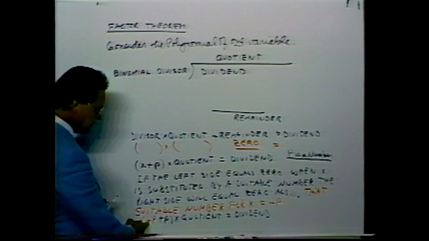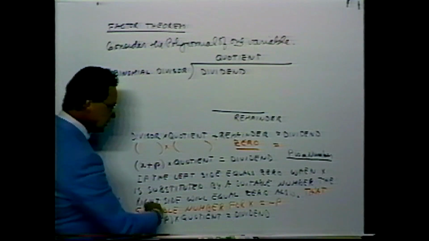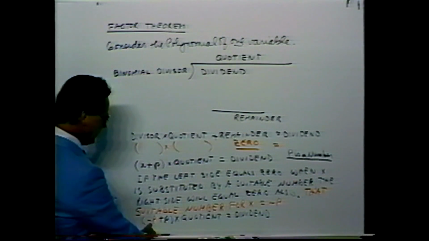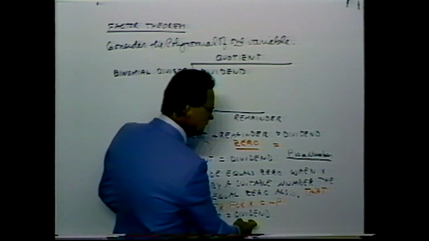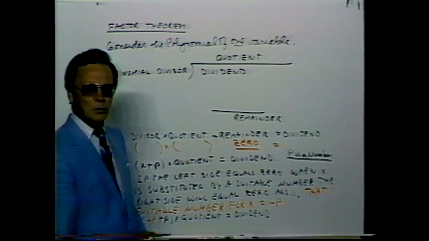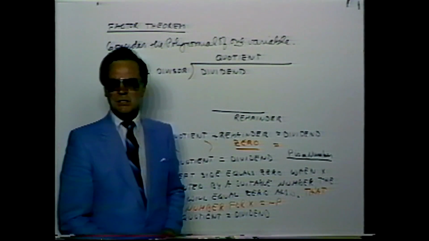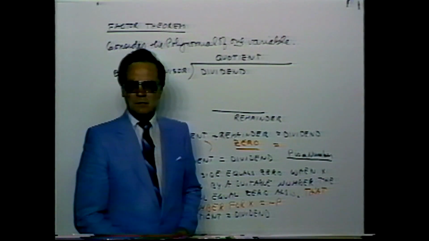So if we substitute the negative value p for x on the left, and this causes 0, then x equal to minus p will also make the dividend value vanish when that substitution is made and the polynomial is simplified. And that is basically the so-called factor theorem.